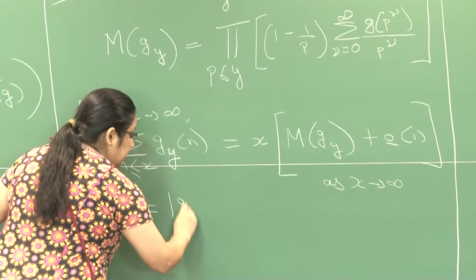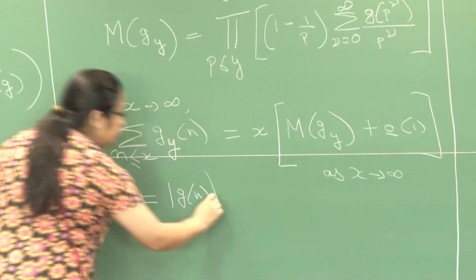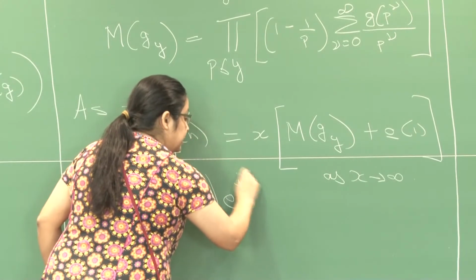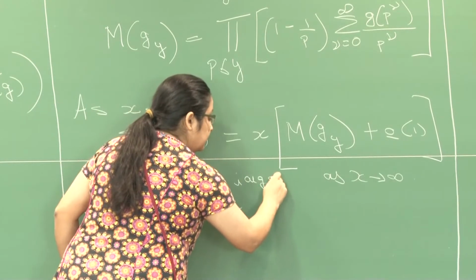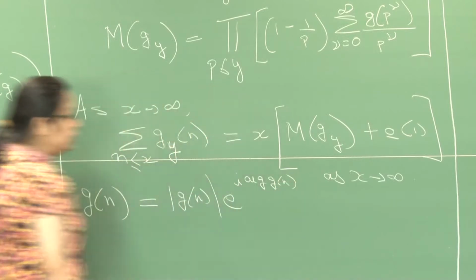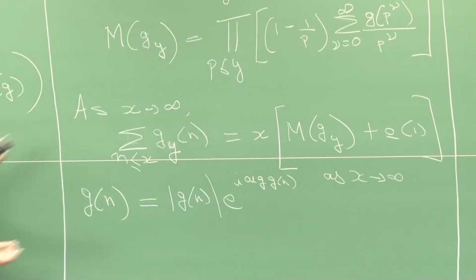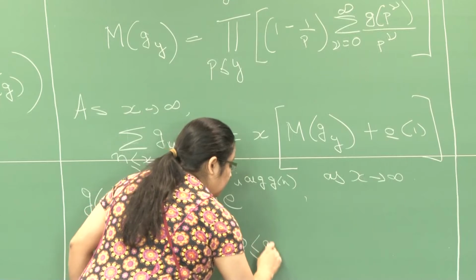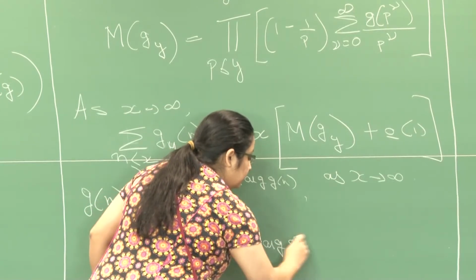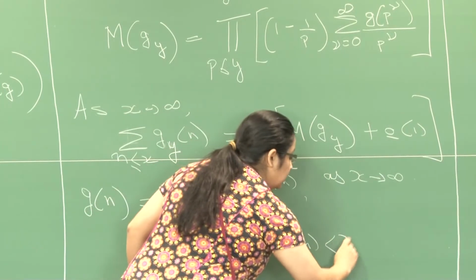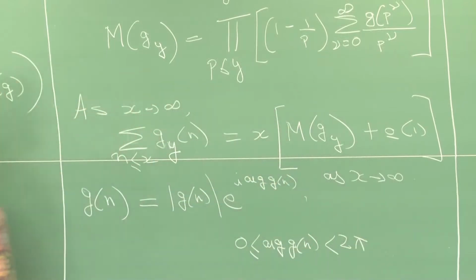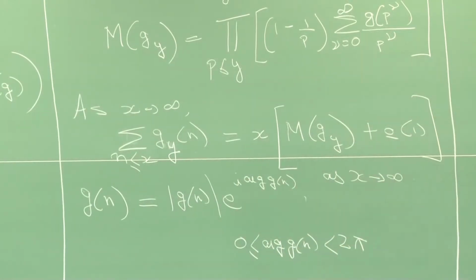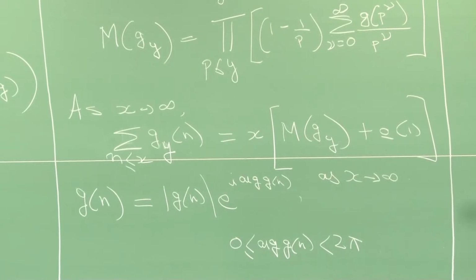You can write this as the absolute value of g of n times e raised to the I times the argument, where the argument refers to some angle lying between, say, 0 and 2 pi. And what we do is, using these angles, we construct an additive function.